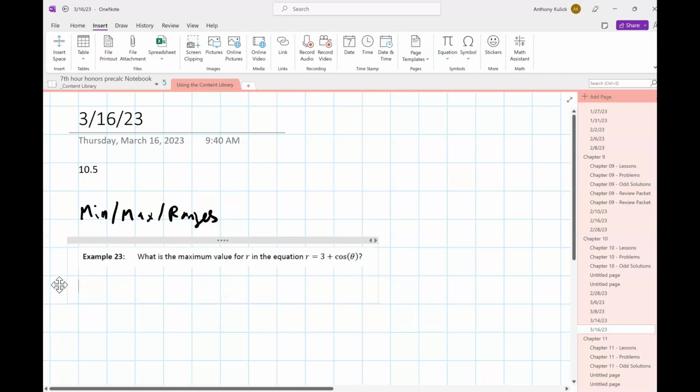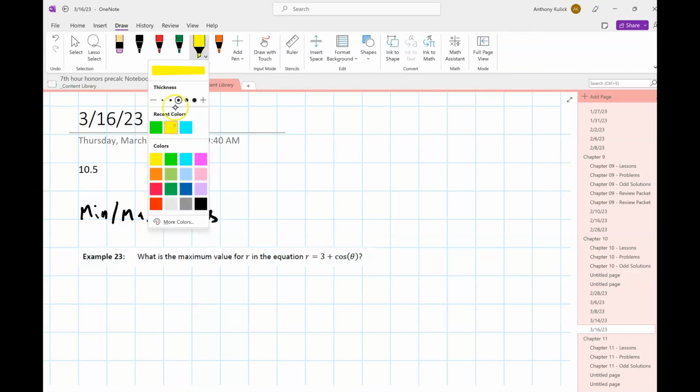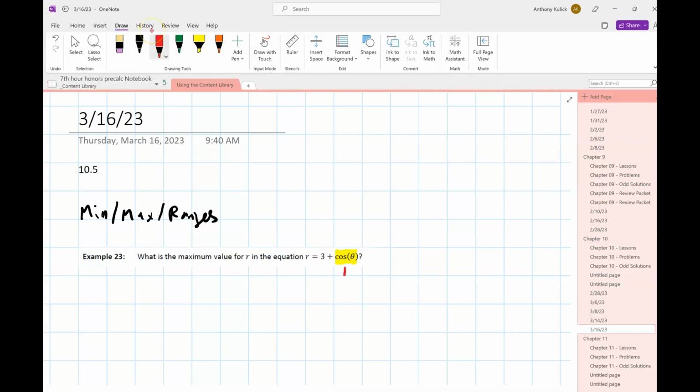So if I say I have the polar function r is equal to 3 plus cosine theta, the only part of this r that's variable is the cosine theta part, right? Think back to first semester. What are the possible outputs for cosine theta? Well, 1 is the maximum output.